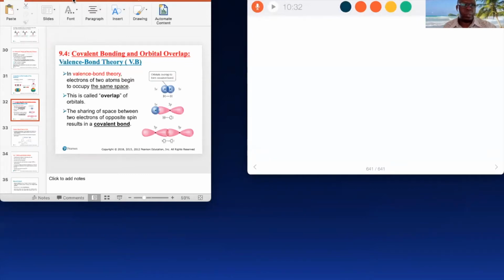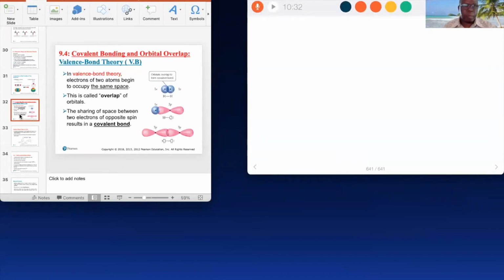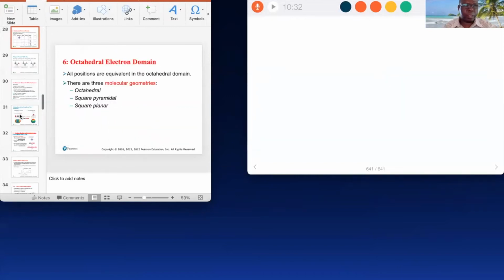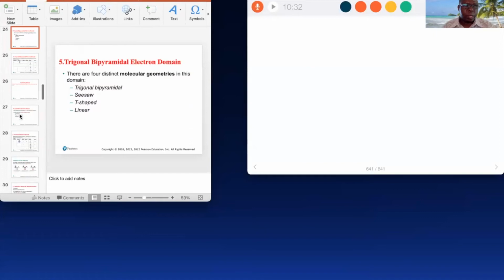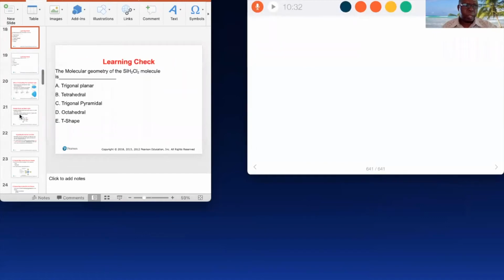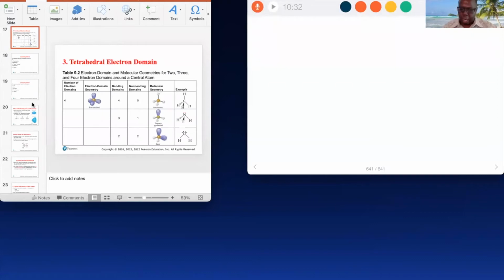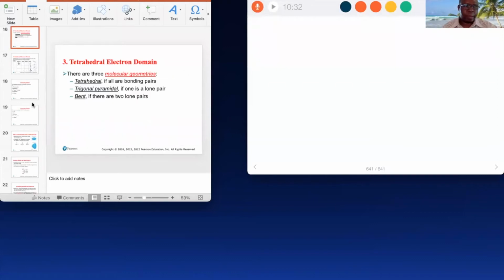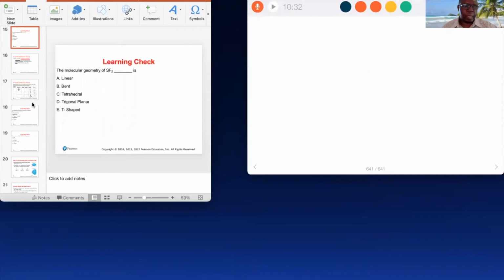I think we only got to slide 15 last class. Slide 15 is a continuation, right here, learning the molecular geometry.